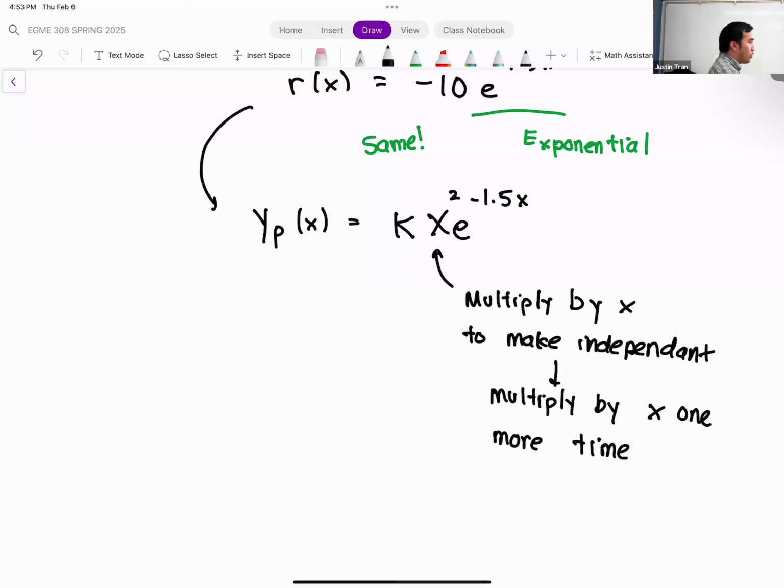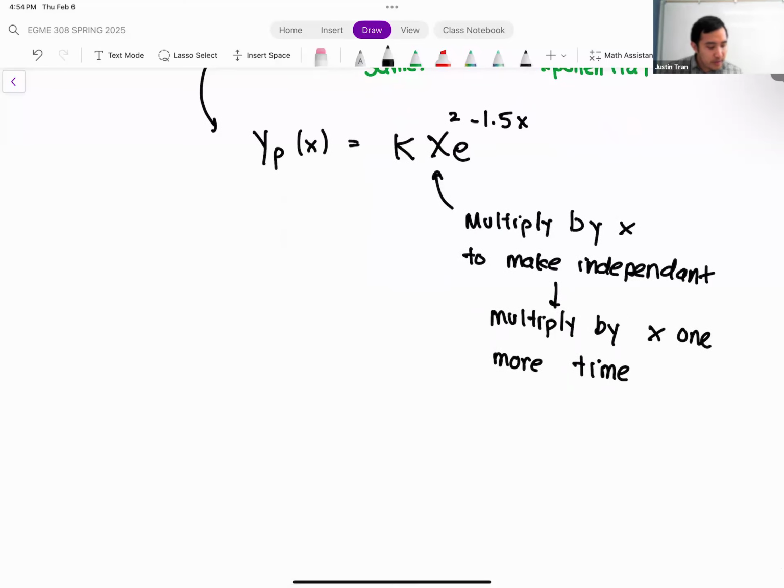So now we're at a point where we can actually take derivatives and plug it in. The issue now is that taking derivatives of this is going to be a little bit annoying because we do have to use product rule. So dyp dx. Let's take the first derivative here.